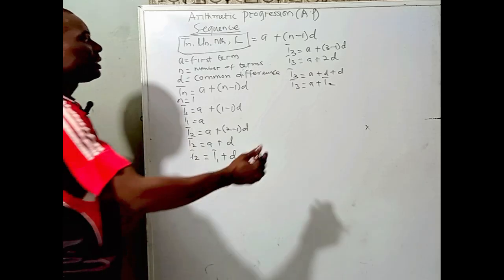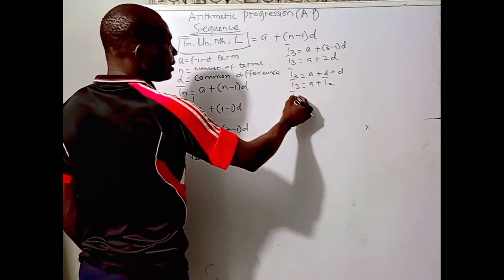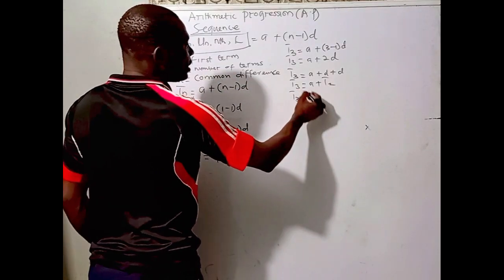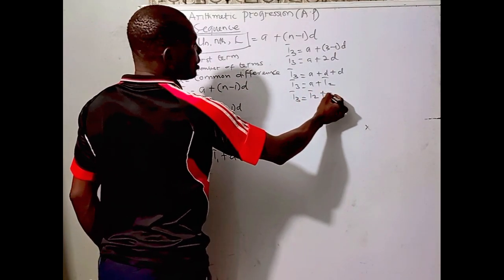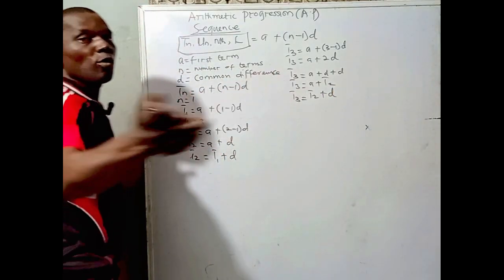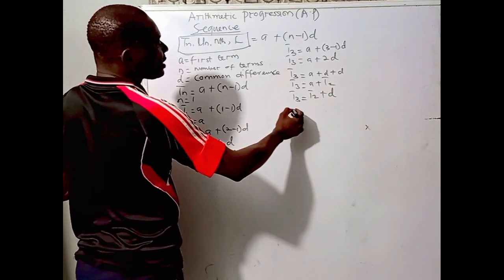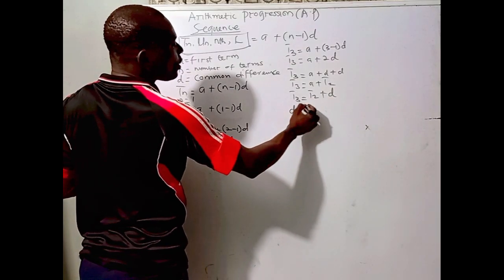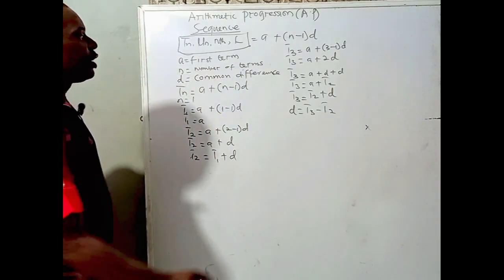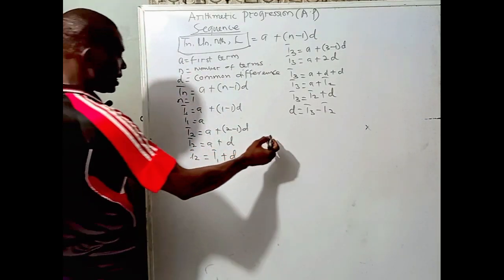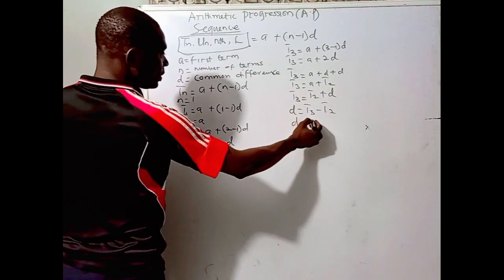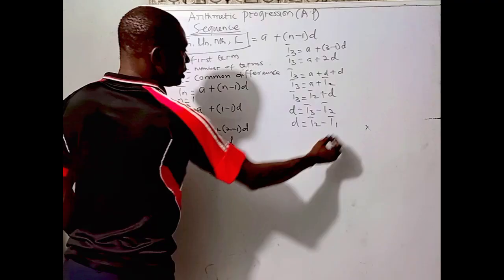Or we could say that T3 is T2 plus the common difference. So what is now your common difference? The definition of common difference here means d is either T3 minus T2. This will give the definition of the common difference. So from here we can see that d also is T2 minus T1.